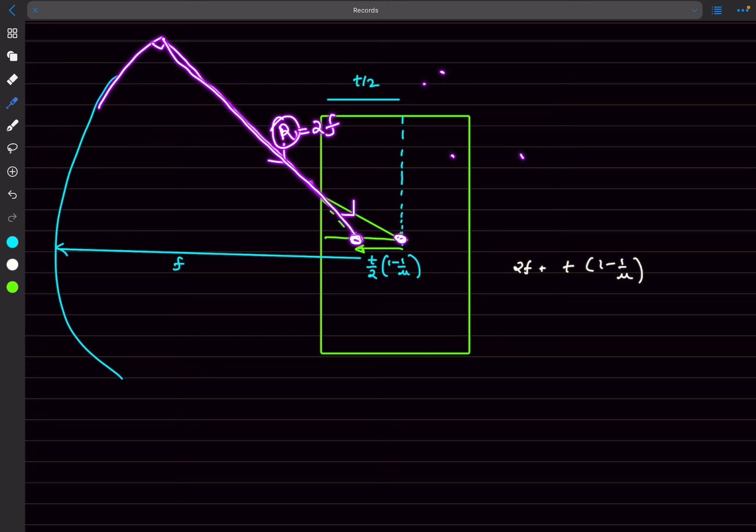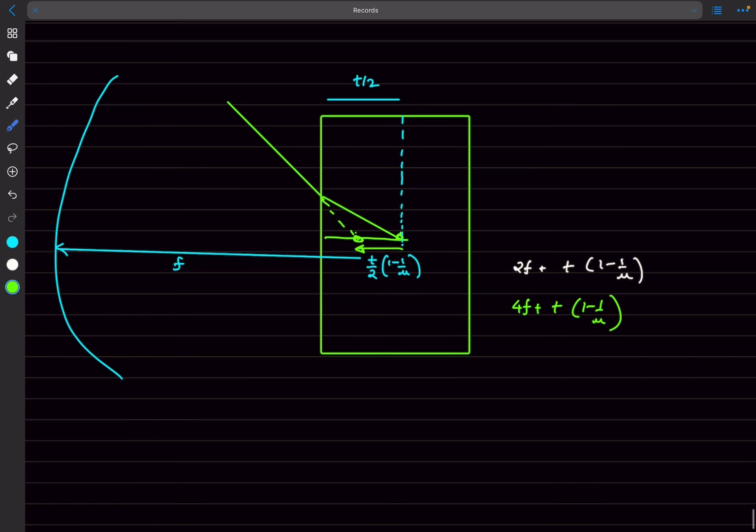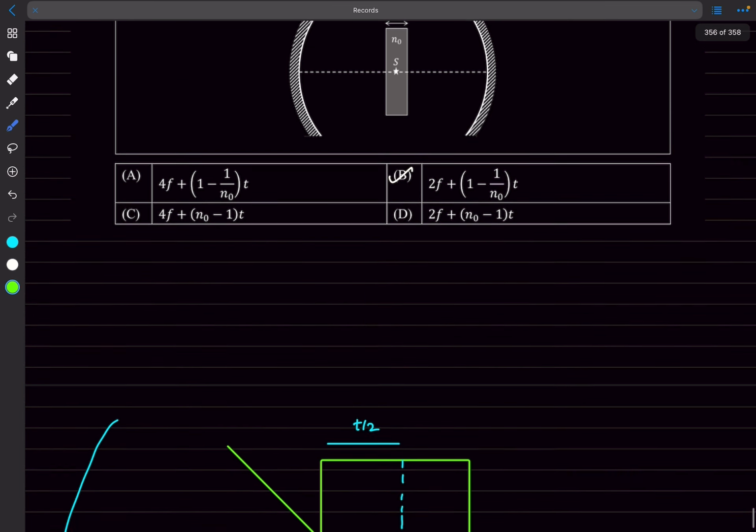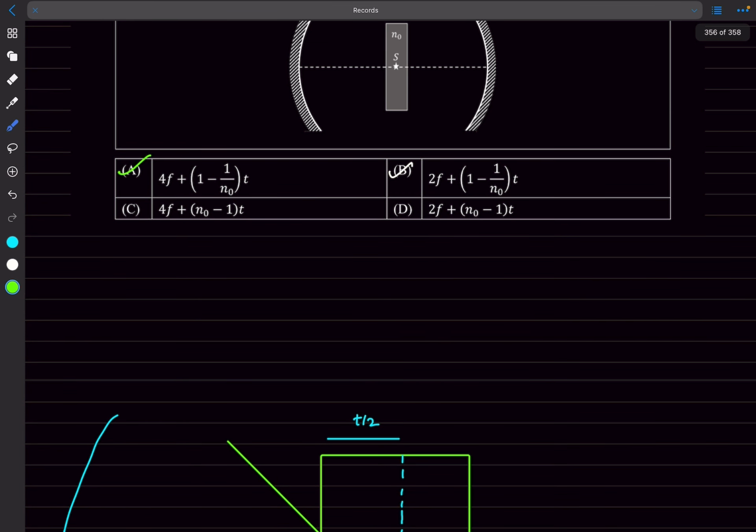So which means the distance of the new source from the optical axis would be 2f plus t by 2 into 1 minus 1 by mu. So just double that. So that will give you the answer as 4f plus t into 1 minus 1 by mu. Okay, so basically adding 2f to the answer, so that will give option A.